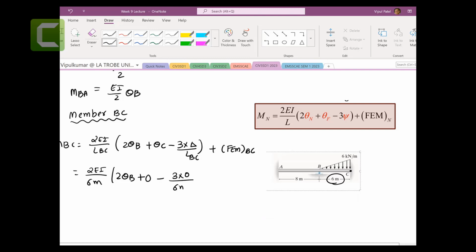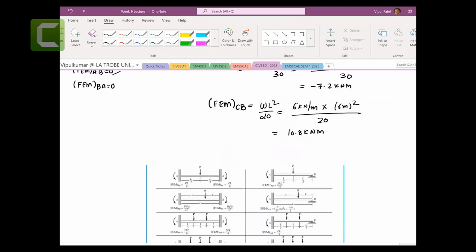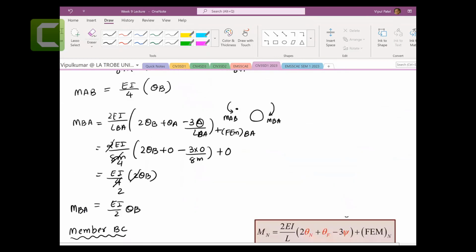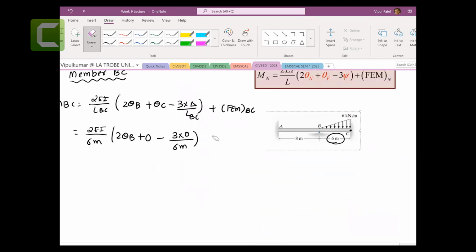Length BC is 6 meters. The fixed end moment we found before is minus 7.2 kilonewton meters. Now we can quickly sort this out. This one cancels, this one cancels, so 2EI on 3 times theta B, this one gets 0, this one gets 0, minus 7.2 kilonewton meters. So this is MBC.